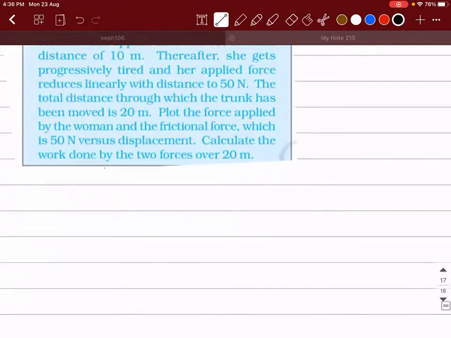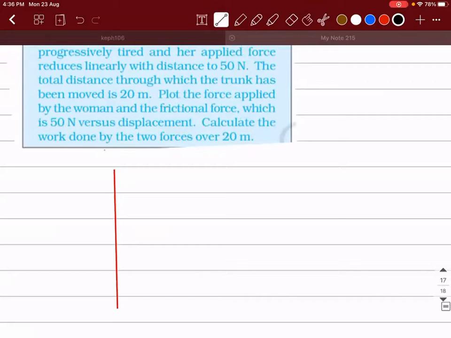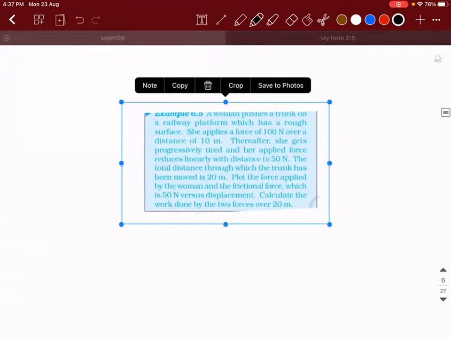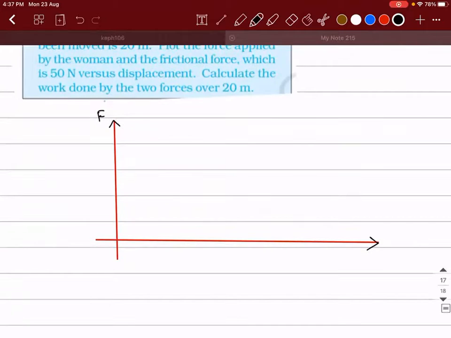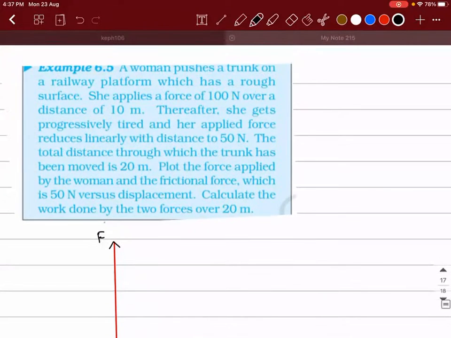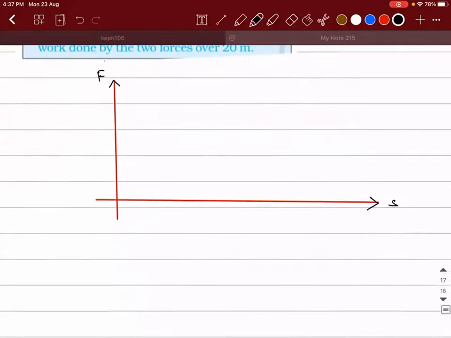Did you guys understand the question? Are you able to visualize it? So this is force, this is displacement. The woman pushes a trunk on a railway platform which has a rough surface. She applies a force of 100 Newton over a distance of 10 meters. So 0 is the initial distance.